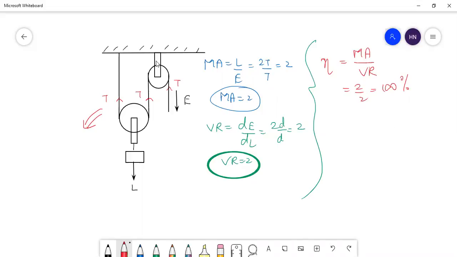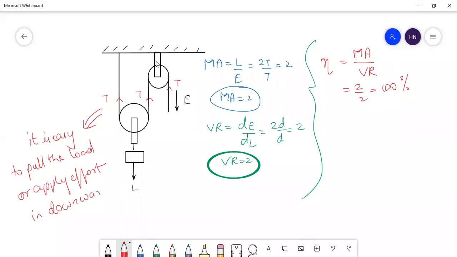That was a disadvantage, as it becomes difficult to lift the load. But with this system, it is easy to apply effort in the downward direction. So that's the only advantage of adding a fixed pulley to your movable.